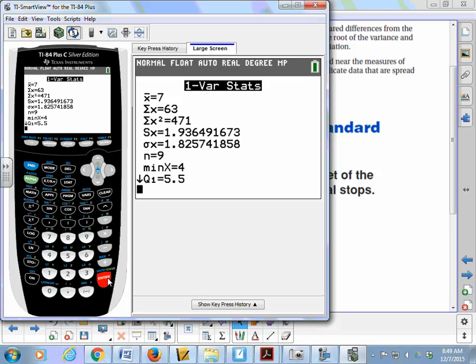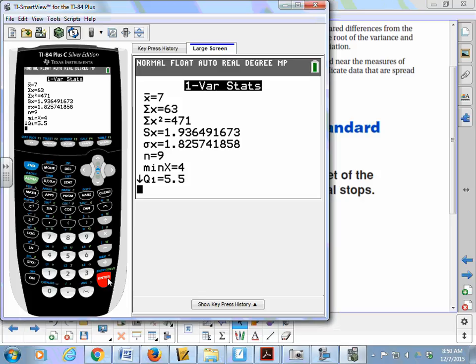So here is our mean. It's 7. This next thing tells us the sum of all the numbers. We had 9 numbers. They add up to 63, so 63 divided by 9 is my mean of 7.